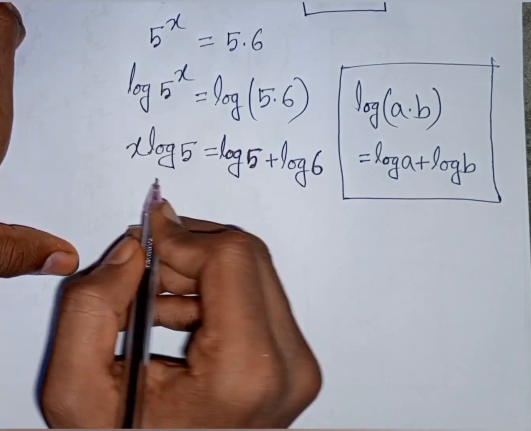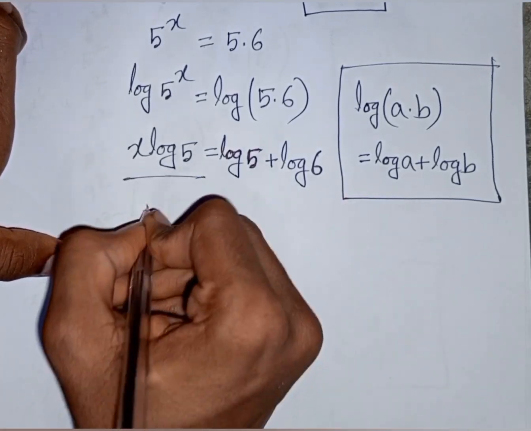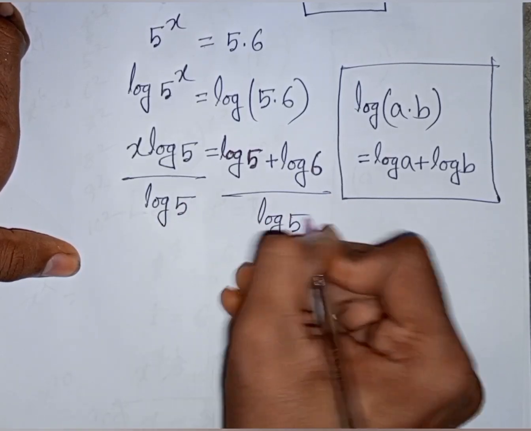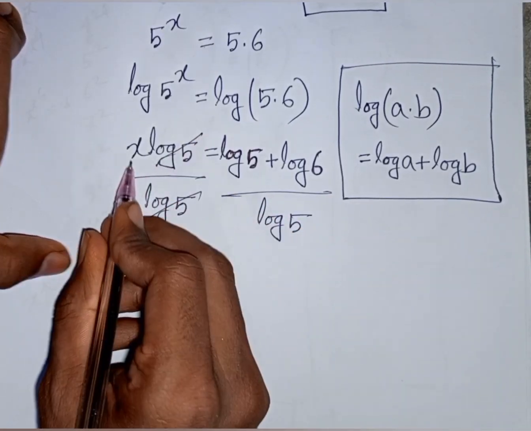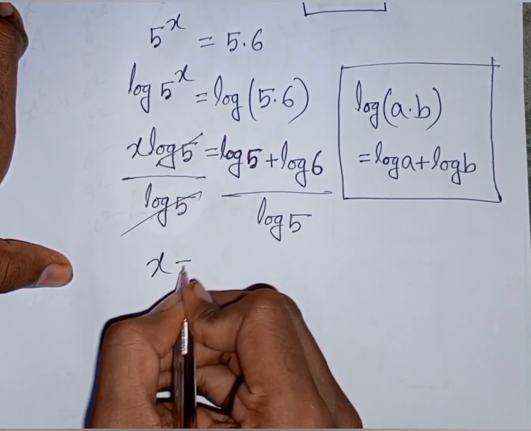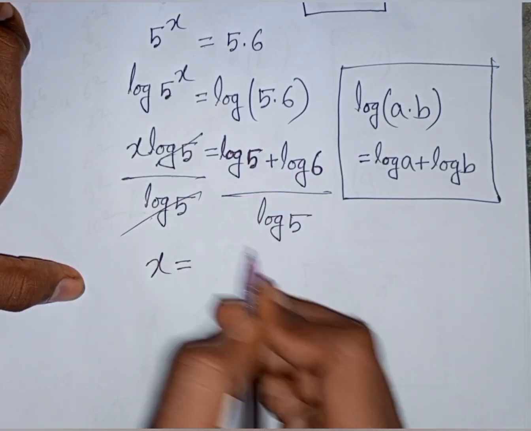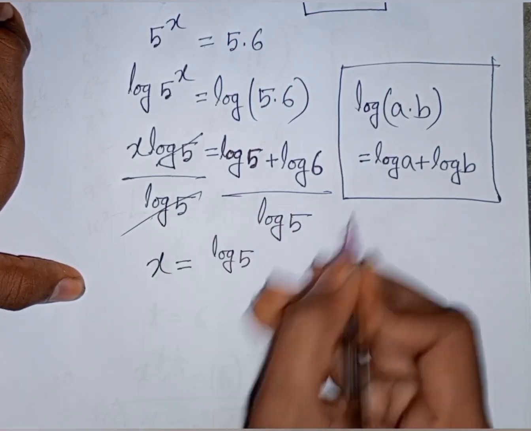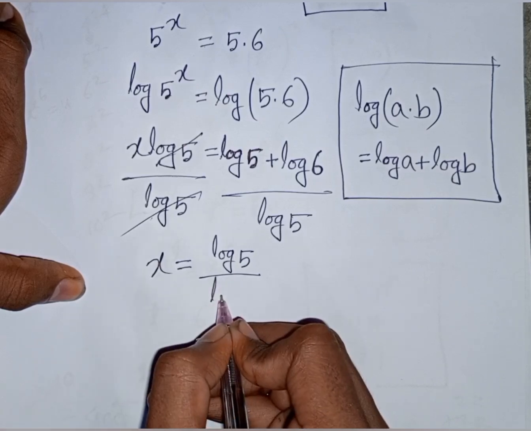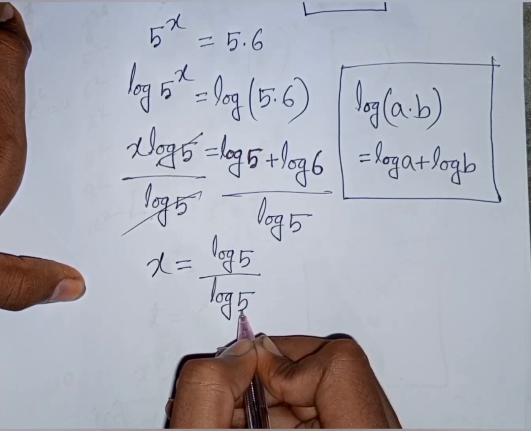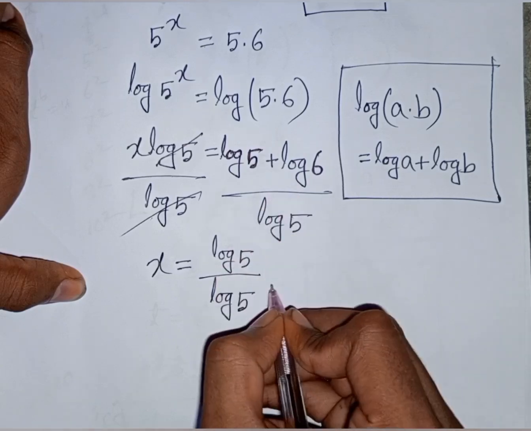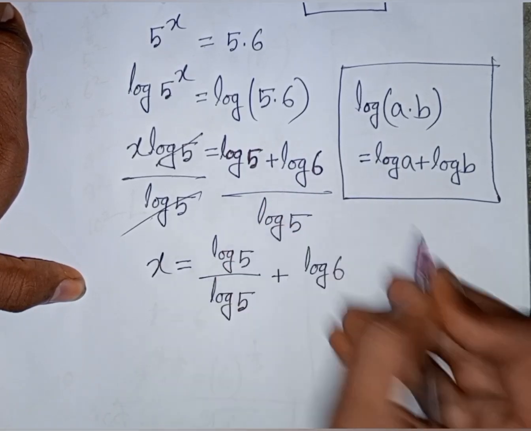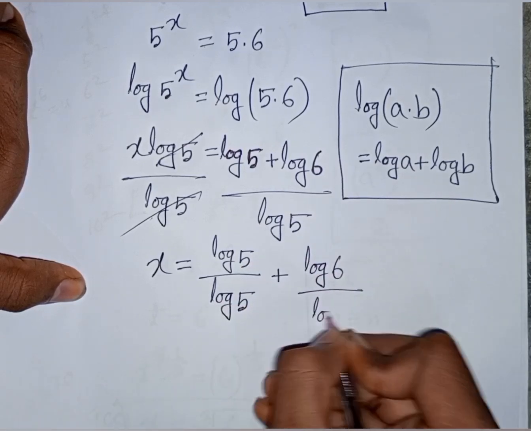Now we need the value of x, so we divide by log 5 on both sides. Now this log 5 will be cancelled. So here x will be equal to this divided by this, that means log 5 over log 5 plus log 6 over log 5.